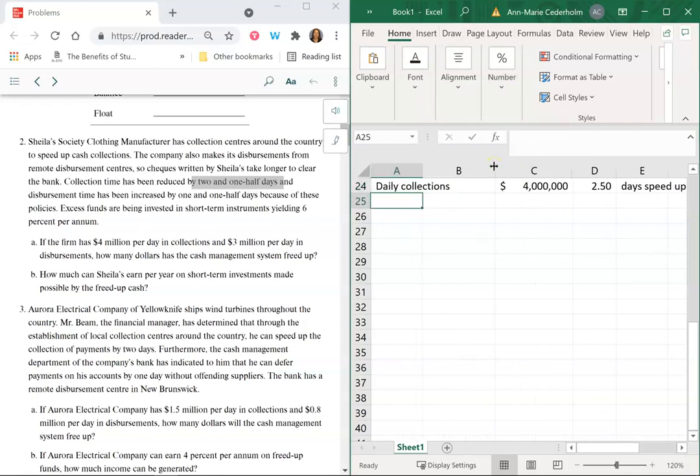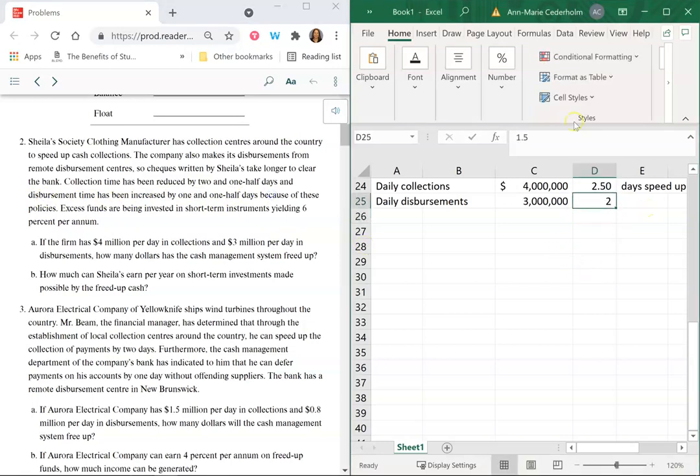But we're also going to look at the daily disbursements. So it says that I have 3 million per day in disbursements. And what I'm trying to do is increase my disbursement time by 1.5 days.